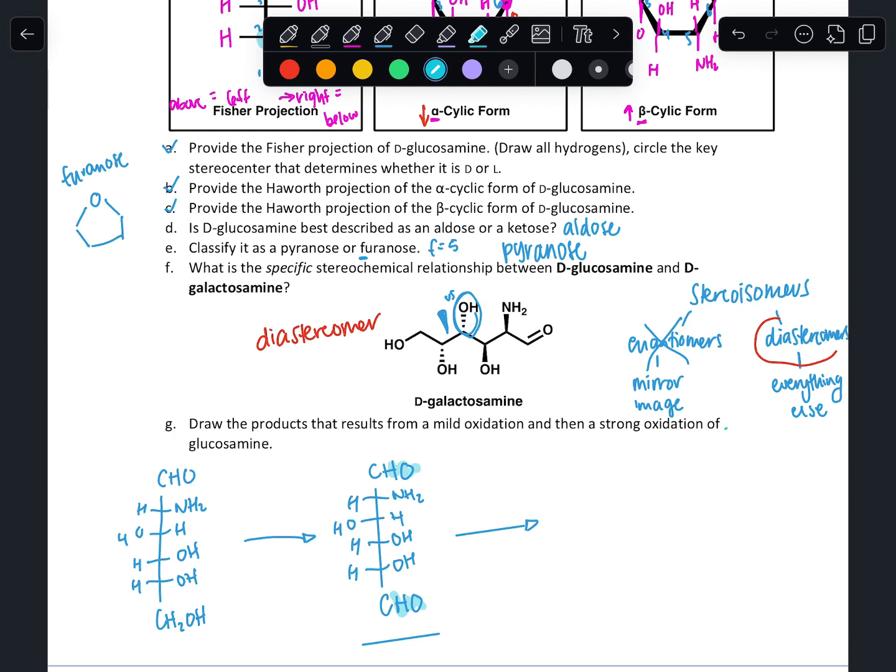We can oxidize one step further because both of these aldehydes can now become carboxylic acids. Our shorthand notation for that can either be CO2H or COOH.